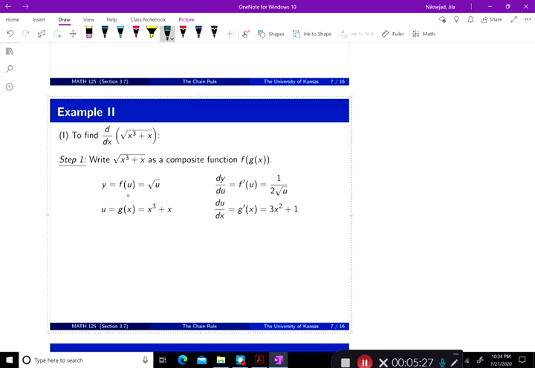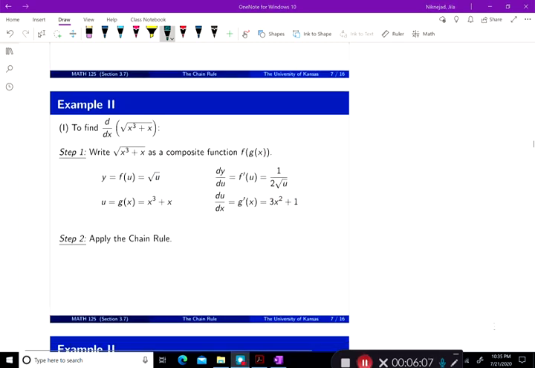So, f prime of u, derivative of y with respect to u, is derivative of square root of u with respect to u, which you can write as u to the power 1/2, then it's 1/2 u to the power negative 1/2, which is 1 over 2 square root of u. And then take the derivative of the other function, x to the third plus x, and that is 3x squared plus 1. Now apply the chain rule.